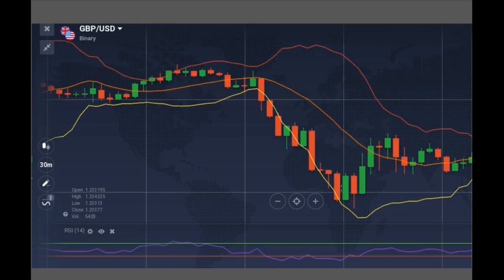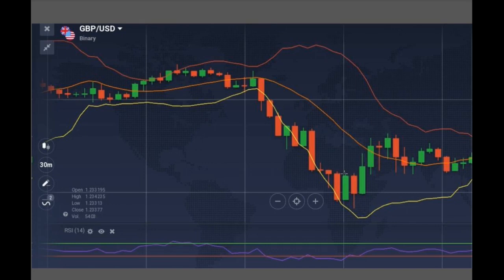You don't want it to close outside the Bollinger Band, and then you want a confirmation candle. As soon as you get the confirmation candle, you can see this lovely green Marubozu. You never trade the close of the confirmation candle.